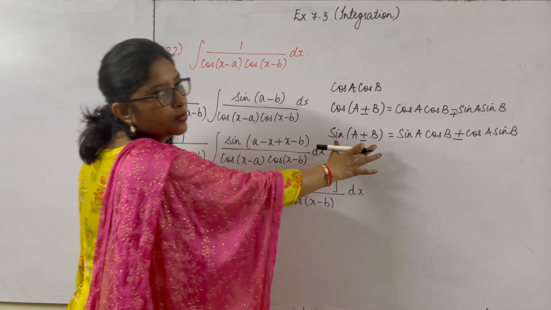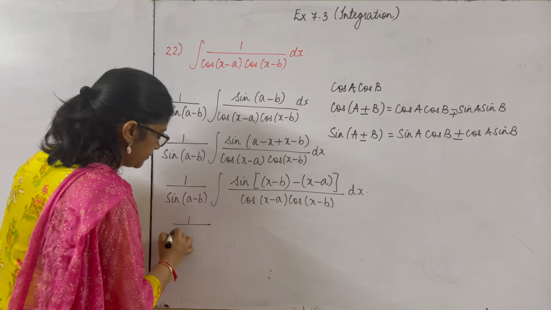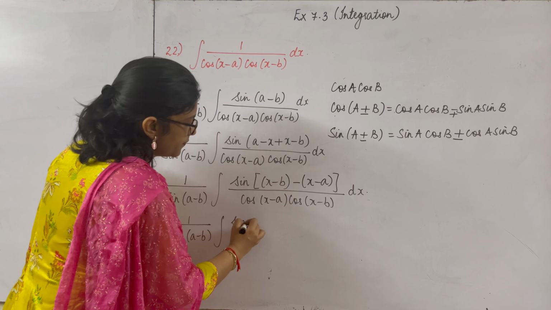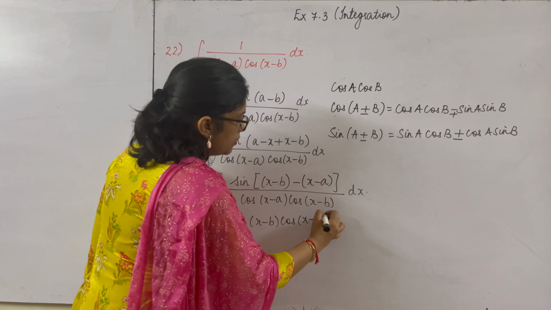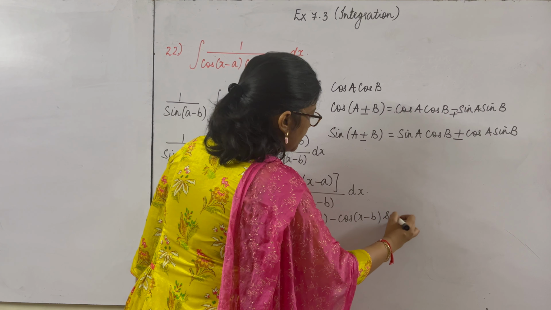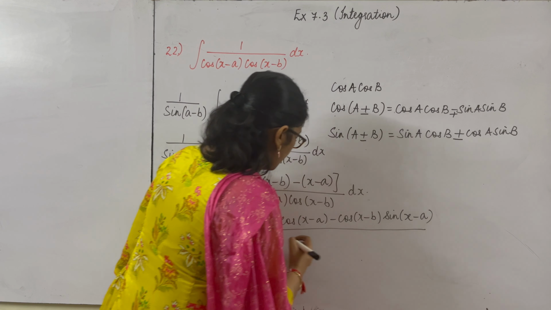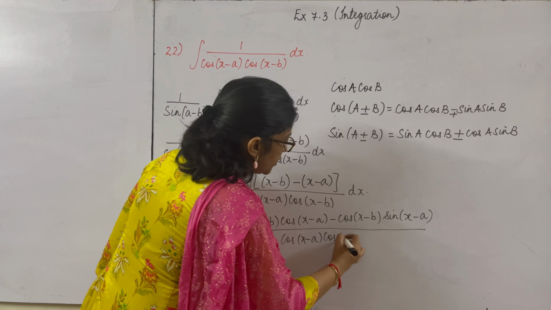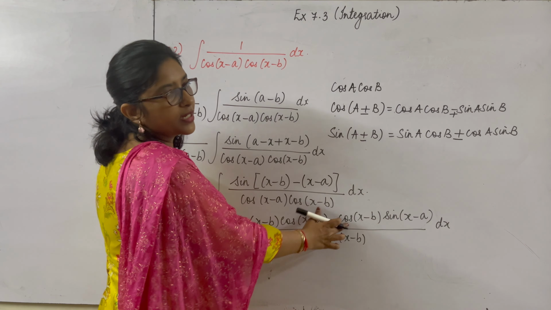Now we will apply the formula of sin A minus B. So the formula is sin A cos B minus cos A sin B. That is the reason we took the formula of sine, so that when we separate this out, only one term will get cancelled.